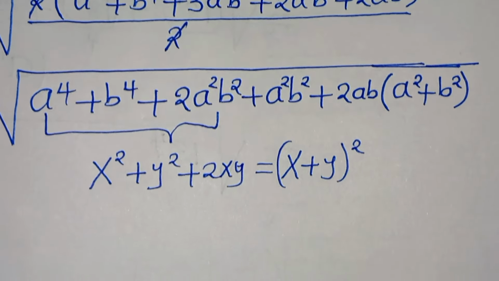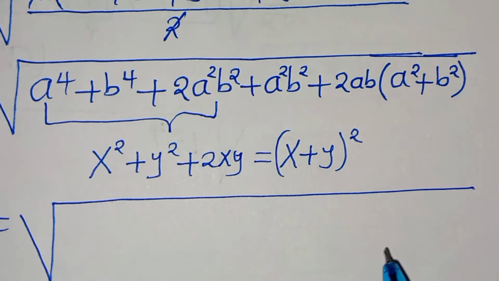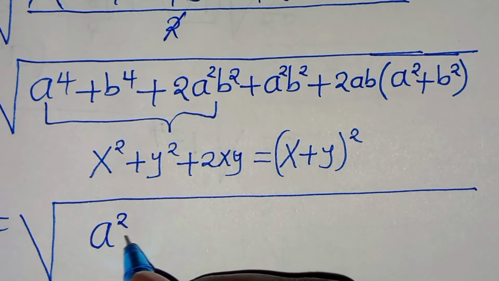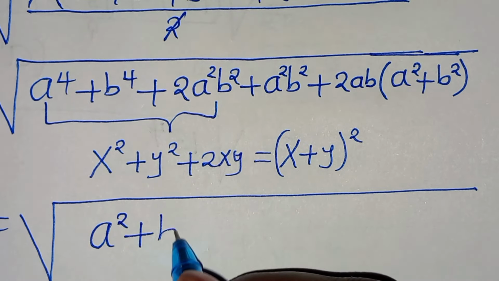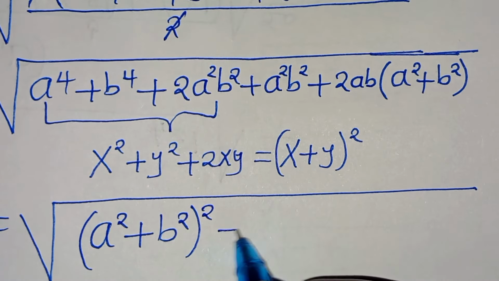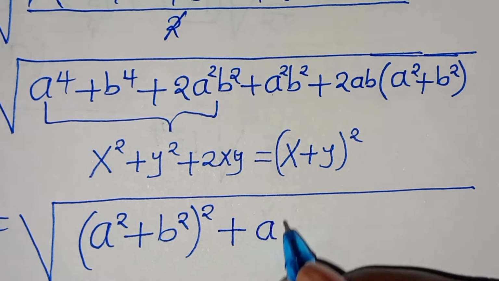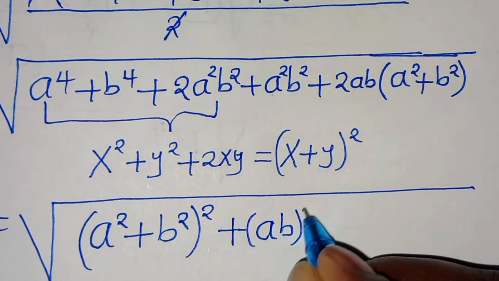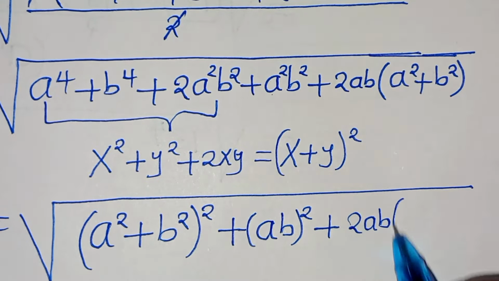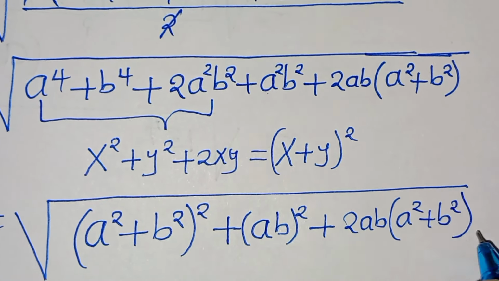And this means that we have the square root of a squared plus b squared raised to the power of 2, then plus, now a squared b squared, this can be expressed as ab raised to the power of 2, then plus 2ab into the parenthesis. This is a squared plus b squared, close the parenthesis.